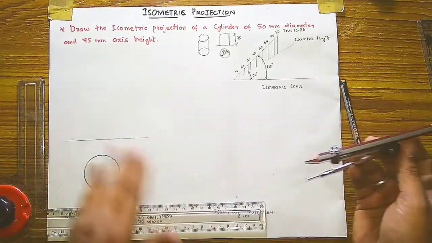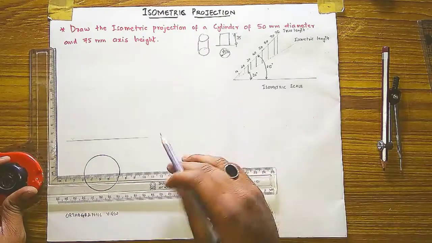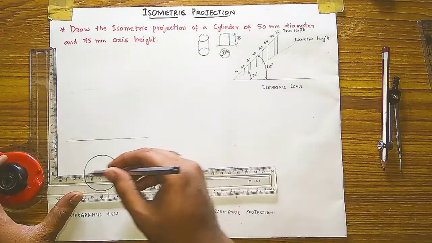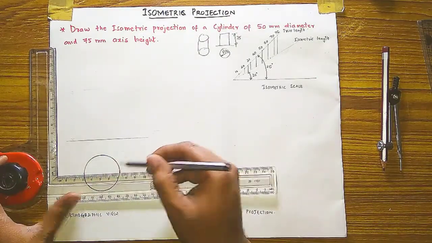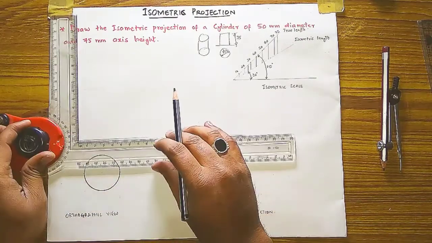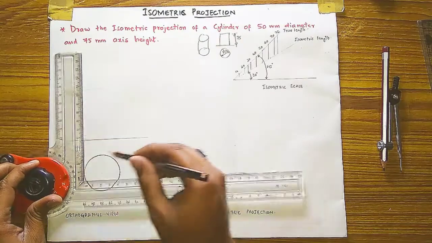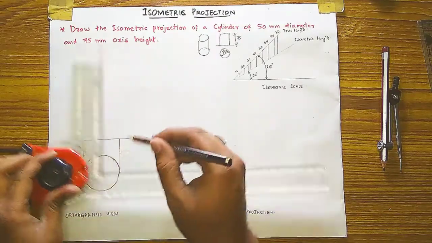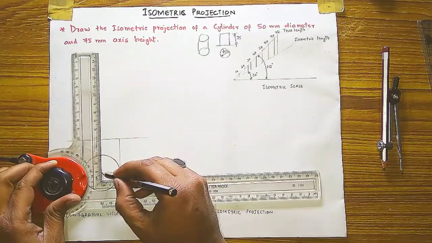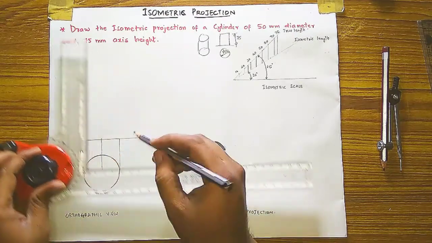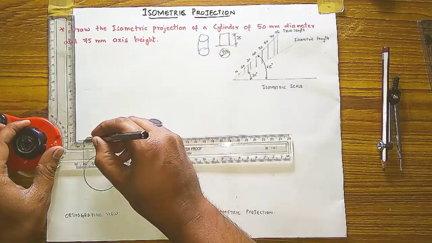Then after drawing this top view of the cylinder, you have to take the projection line till this XY line like this. Then the remaining lines you also have to take from this center point O, and darken this line.